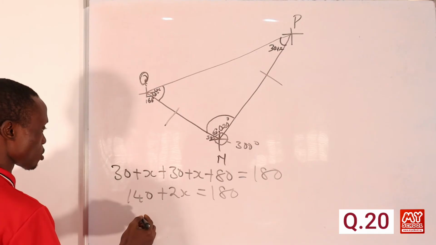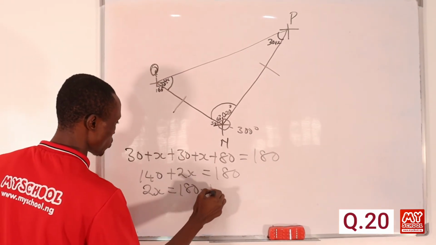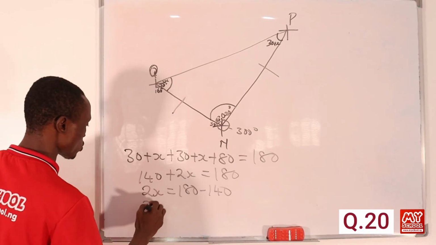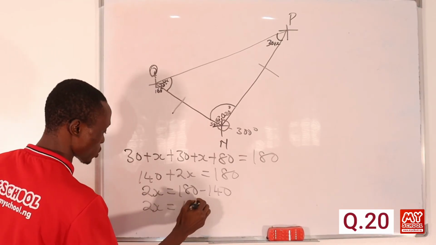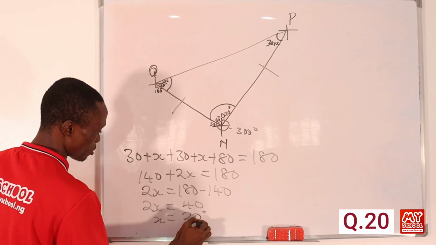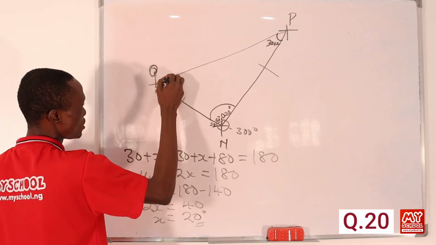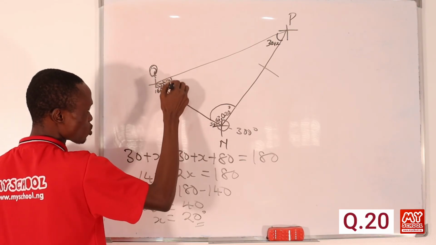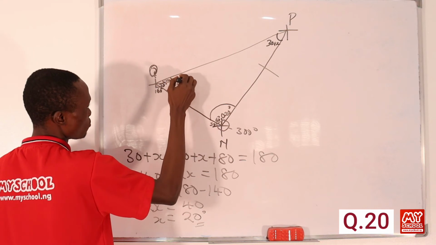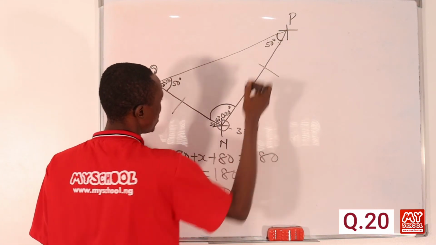Then we collect like terms, so that 2x is equal to 180 minus 140, and that will be 2x equals 40 degrees, so that x is equal to 20 degrees. Okay, so that means this part here is equal to 20, right? So if we add everything, this whole angle here is equal to 50 degrees, and the whole angle here also is equal to 50 degrees.